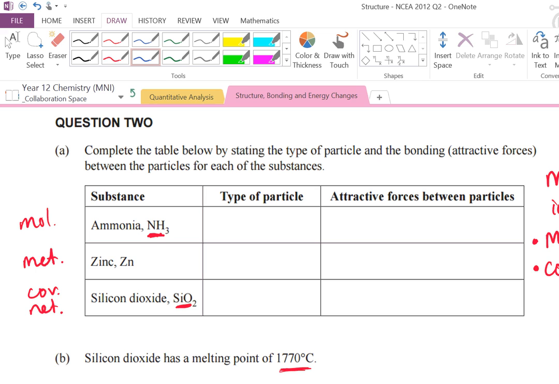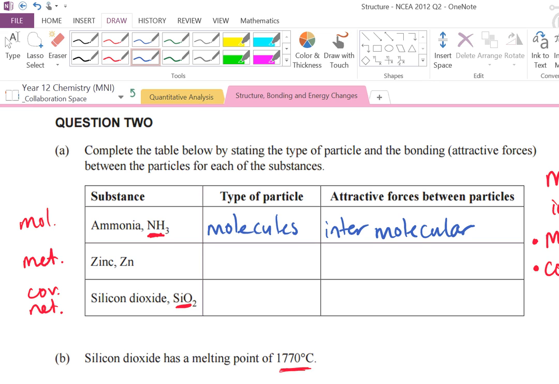Molecular substances are made up of molecules. Molecules are held together by intermolecular forces. Zinc is a metal. Now the particles here you could say are atoms, and that makes explaining their inability to be dissolved quite easy.